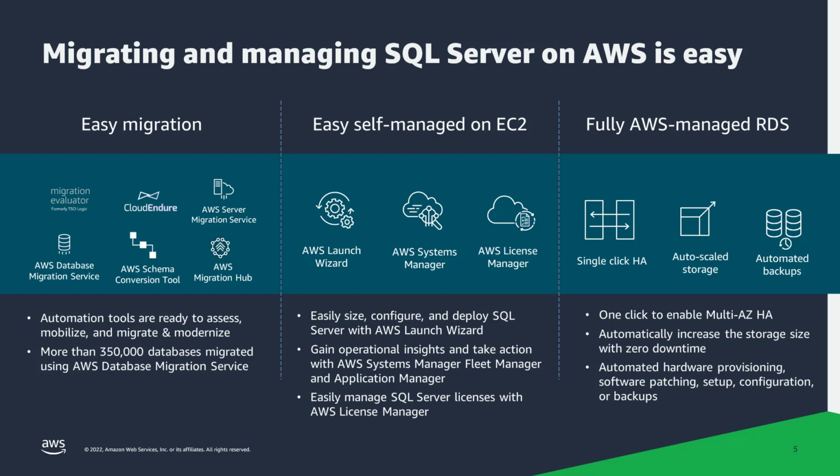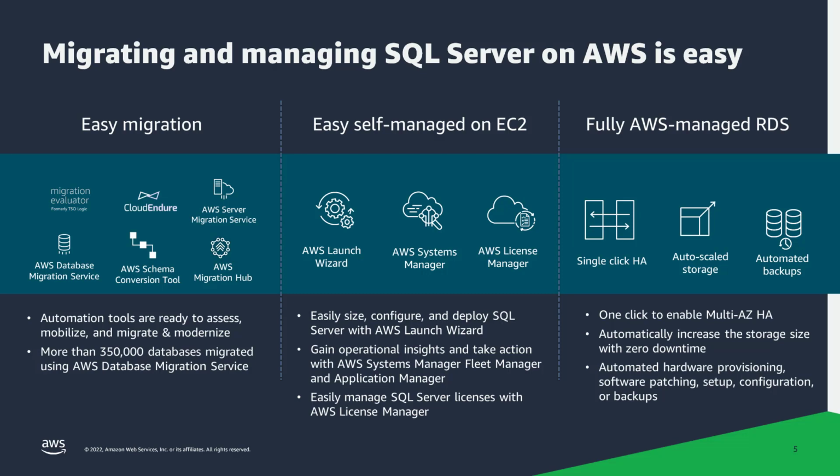Tools like Migration Evaluator can help our customers assess and evaluate their existing SQL Server resources and utilization and provide right-sized and license-optimized instance recommendations for their existing on-premises SQL Server workloads. Migration services such as CloudEndure or Server Migration Service can help migrate on-premises virtual machines to AWS as is.